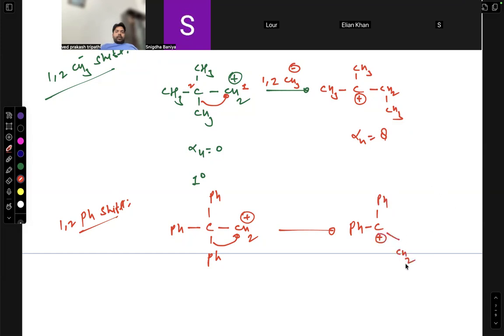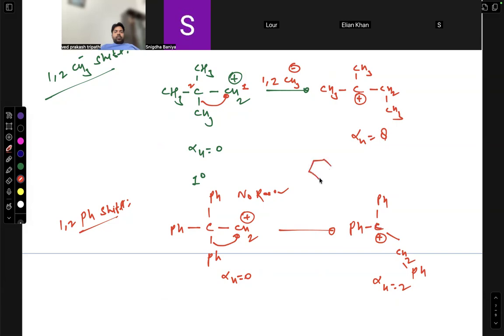This is CH2Ph. This stability increases because you can see alpha H is 0 here, and here we have 2 alpha H. Also you can see there is no resonance here at this moment, but here we have resonance. You can see this carbocation is in resonance with the benzene ring.